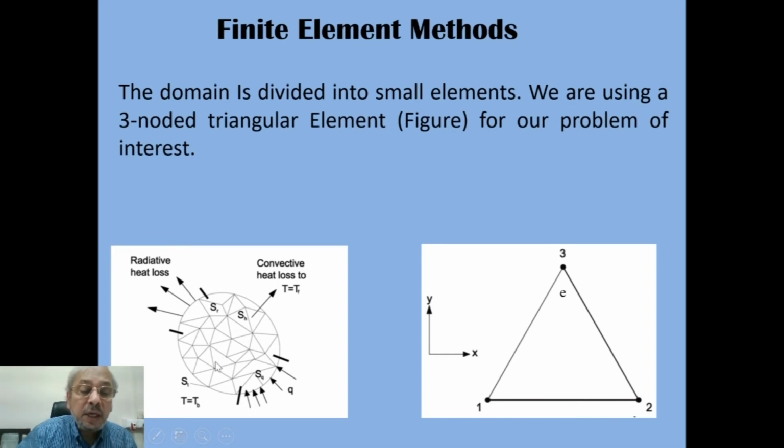So maybe this is element number 9, it's node number 2, and it is globally maybe node number 10. This relationship we have to handle later on, it's a little difficult bookkeeping, but through data structure we have to manage that.